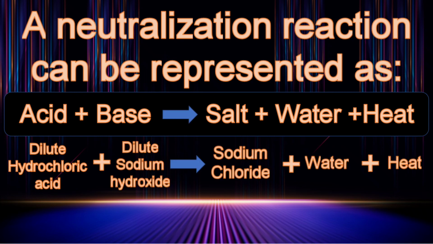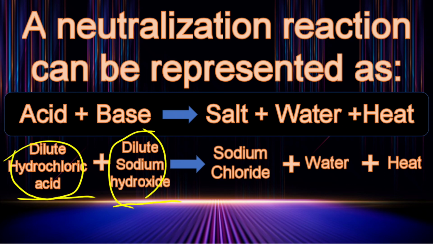Here I have taken dilute hydrochloric acid plus dilute sodium hydroxide, so it is an acid and it is a base. Then it gives sodium chloride. This sodium chloride is a salt, water, and heat is evolved in this reaction. So this reaction is very important.